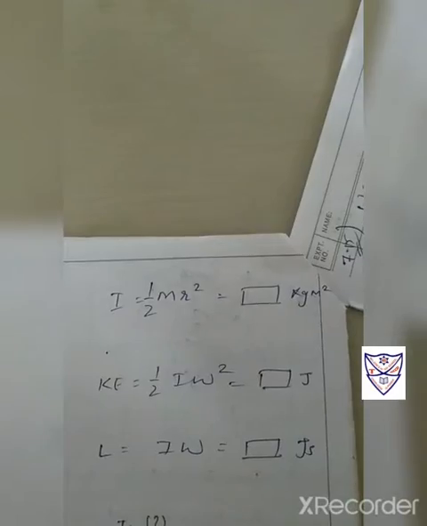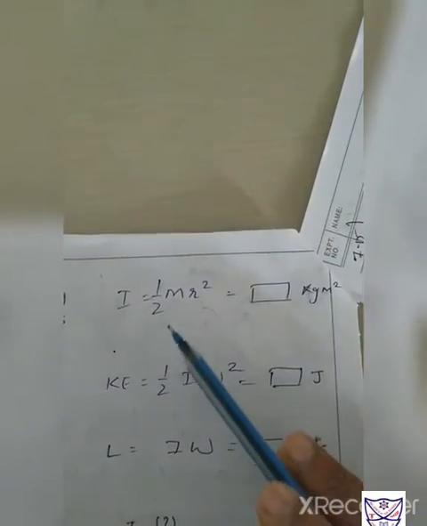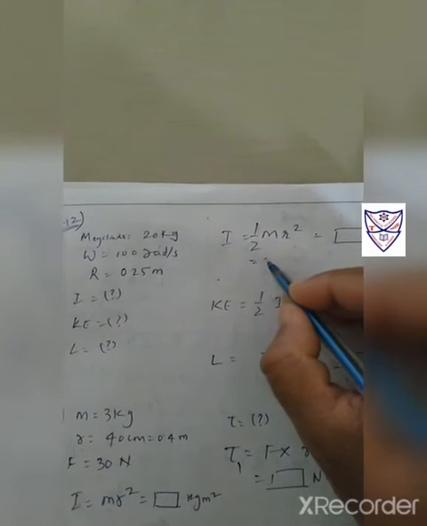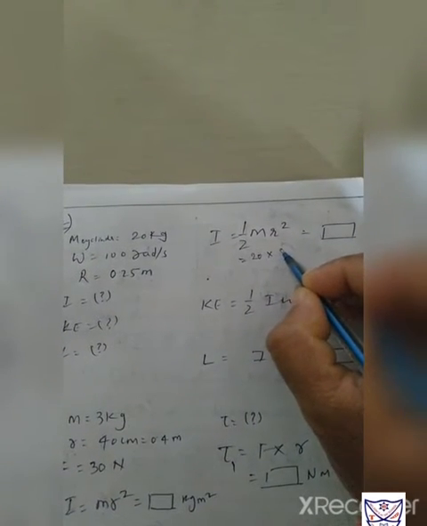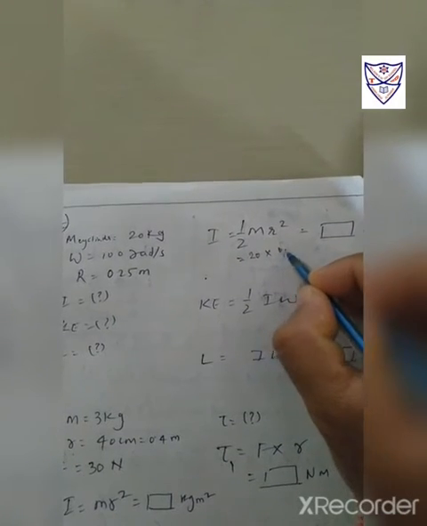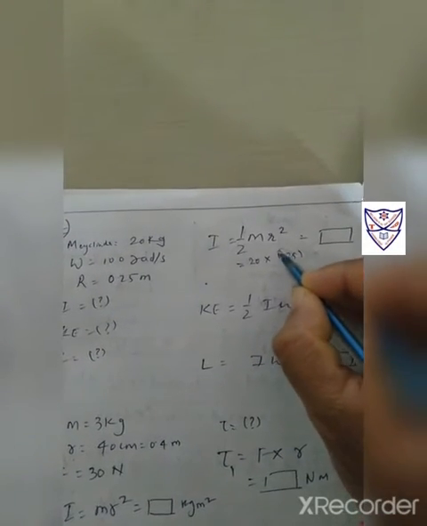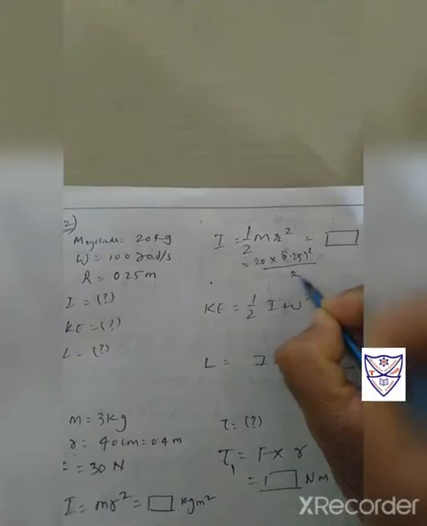So just apply these three formulas and place the values. For I, it is half m r square: the value of m is given to you, 20, and R is given as 0.25, the whole square, divided by 2, and you will get your answer.